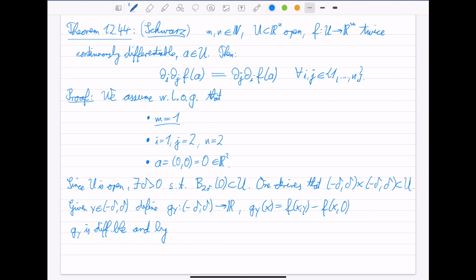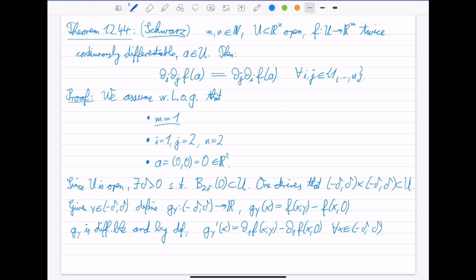So it follows that, by definition, gy prime of x would be equal to d1f in (x,y) minus d1f in (x,0), and this holds for all x in (-delta, delta). So this is what the derivative looks like.